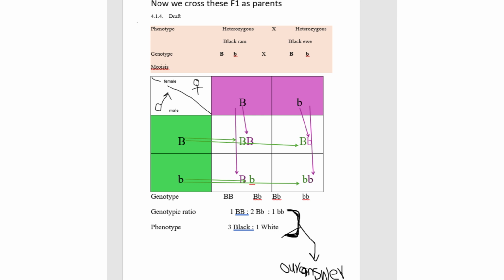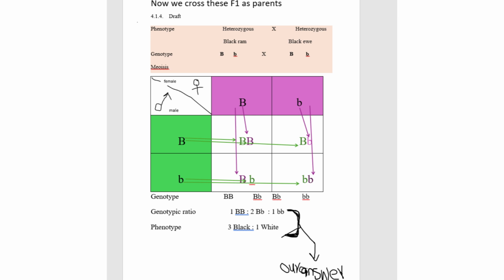The genotype of each parent is going to go through meiosis and gametes are produced. So I have capital letter B and small letter b separated, times capital letter B and small letter b separated through meiosis.